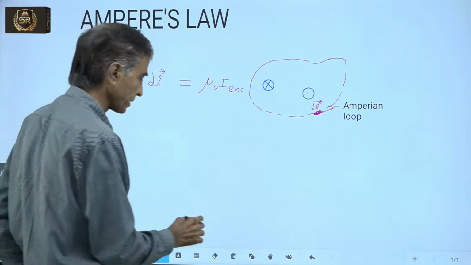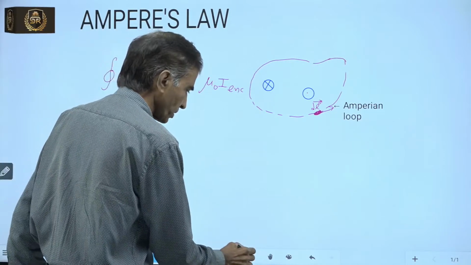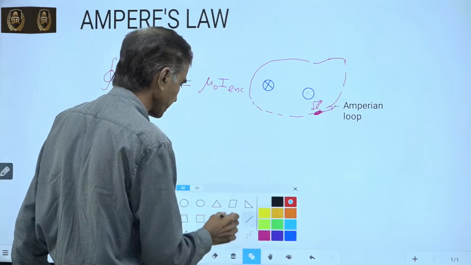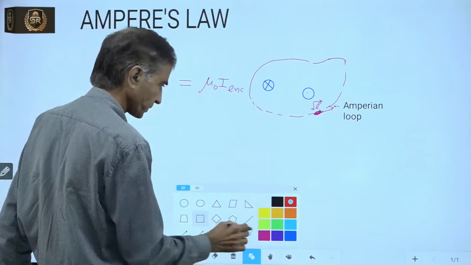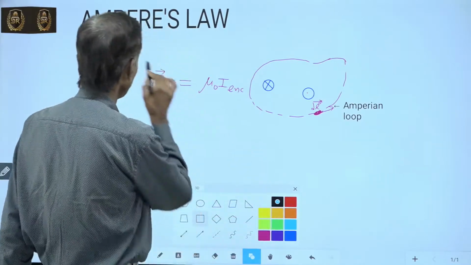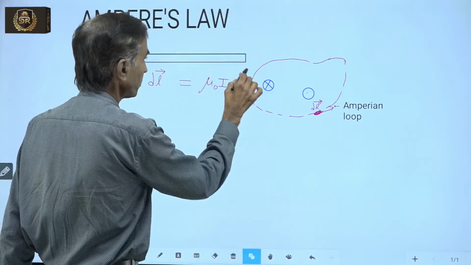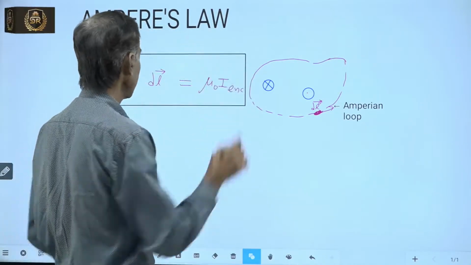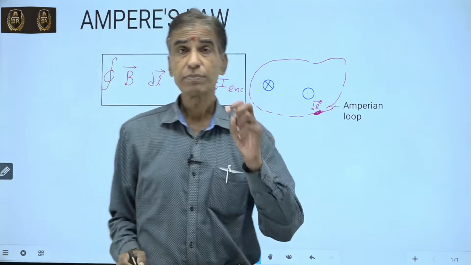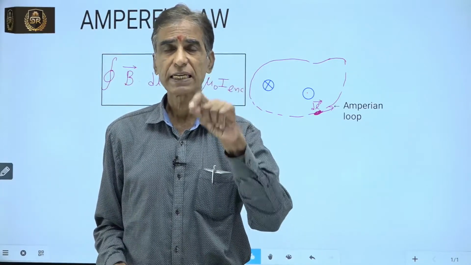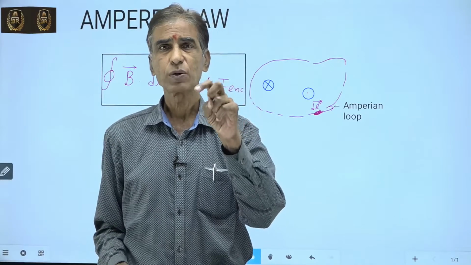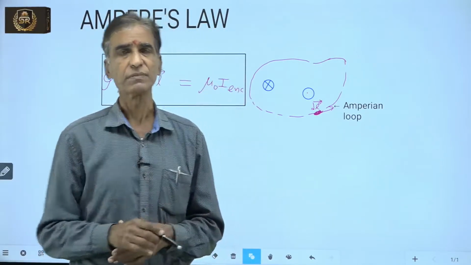That is the Ampere statement, we call it Ampere's law. The line integral of B dot dl is equal to mu naught times the current enclosed by the Amperian loop. That is our Ampere's law.